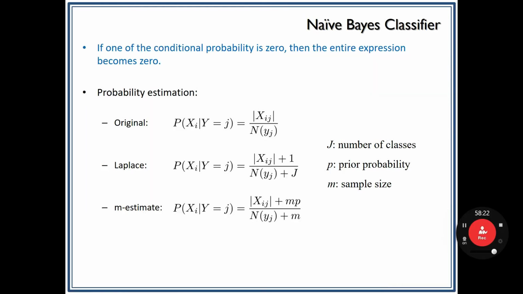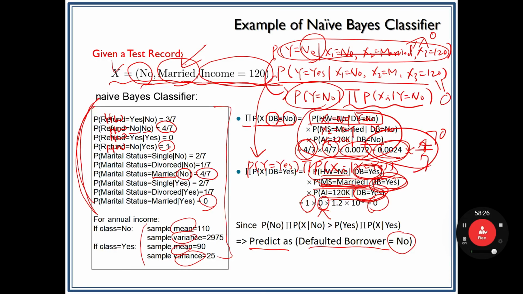Okay, then actually here is a problem, because this posterior probability, the way of estimating this posterior probability is in fact multiplication of many probabilities, right?